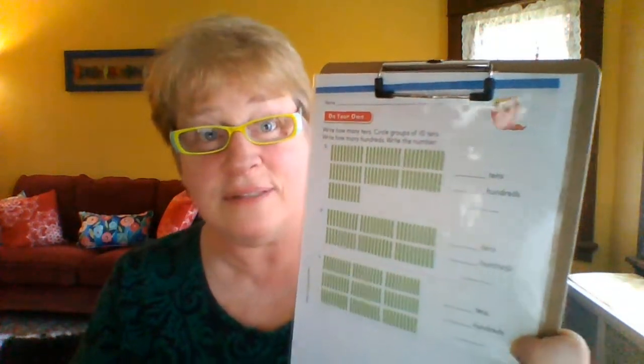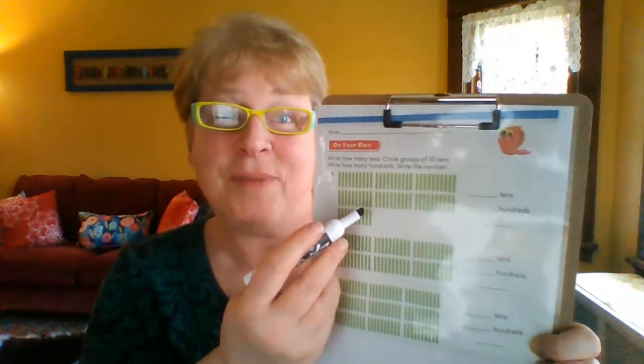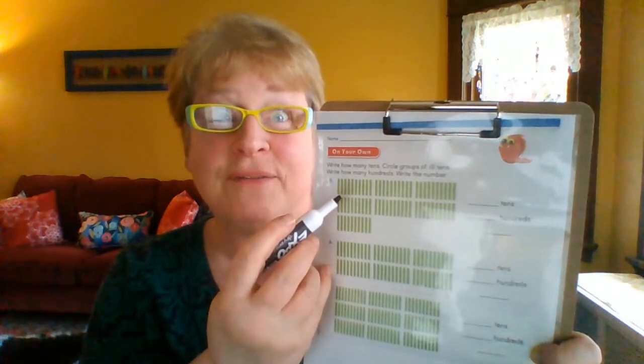Okay, so we're going to look at these 10 sticks on this sheet here. Again, I'm using the Go Math system. This is a first grade level and it's core curriculum based. So all of these are tens. And the nice thing about this is they put them in groups of 10. 10, 20, 30, 40, 50, 60, 70, 80, 90, 100.